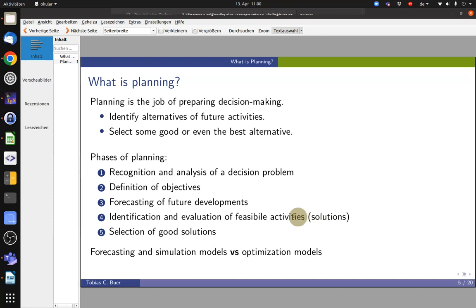In mathematical planning, we call these feasible activities solutions that satisfy all the constraints of our optimization problem. And the best solution will be the one that has the best value for our defined objective function.